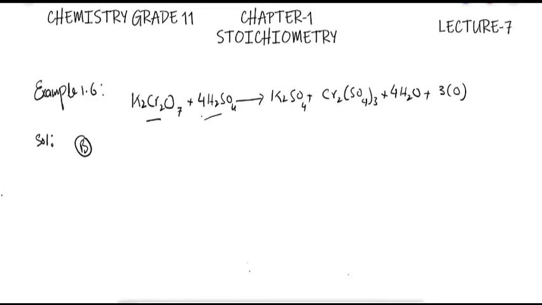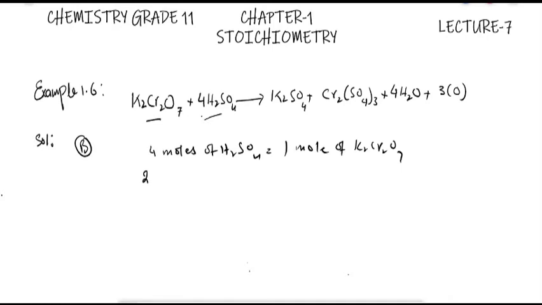We found out that what we actually need is 0.51 moles of potassium dichromate, and that was the requirement, but we had 0.68, and that is why we decided that it is an excess reactant. But let me do it again for you. So from the balanced chemical equation, we know that 4 moles of sulfuric acid will react with 1 mole of potassium dichromate.